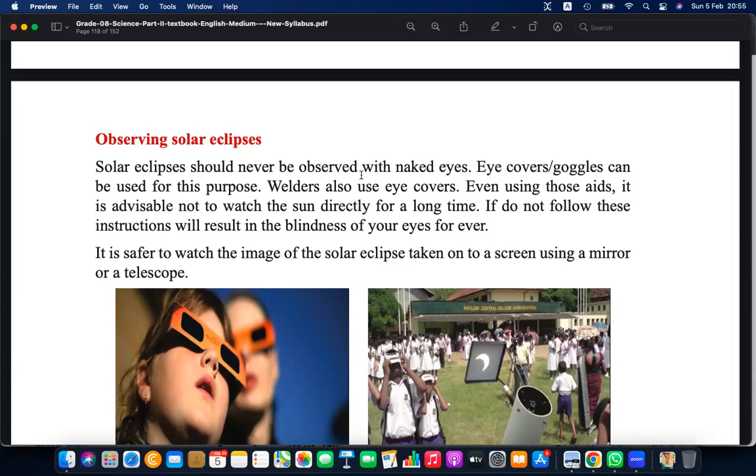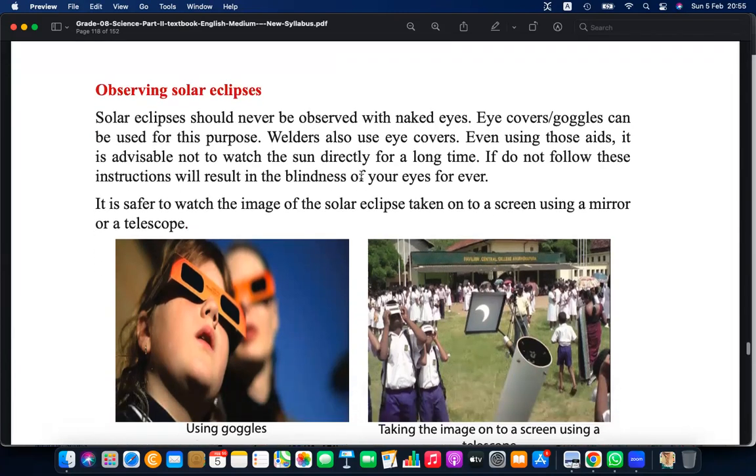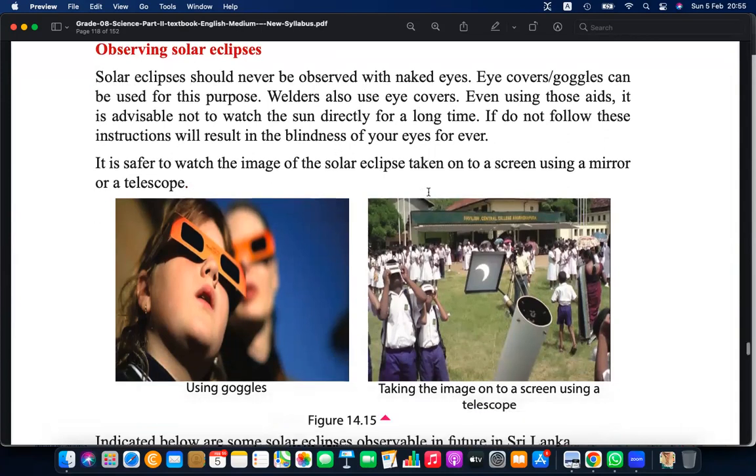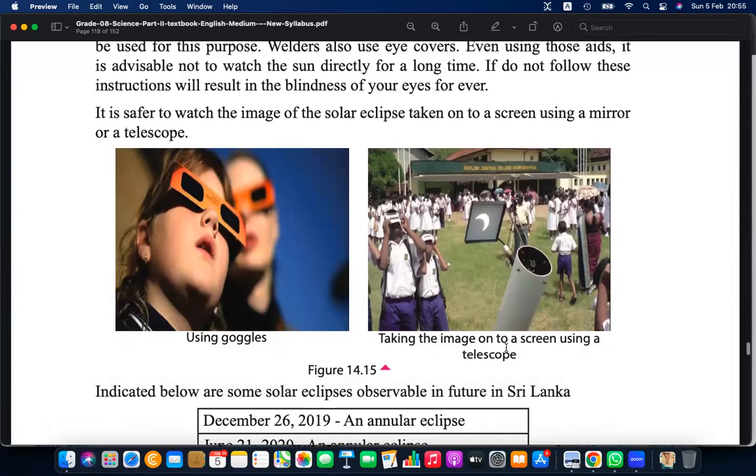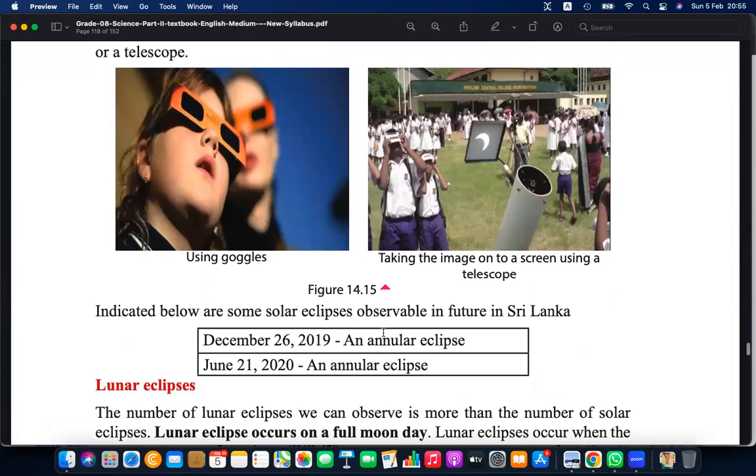But there are special goggles or eye covers, and also we can use a mirror or a telescope. So this is actually a mirror telescope, a different one, right? You take the image onto a screen using a telescope, or you can use a water basin.